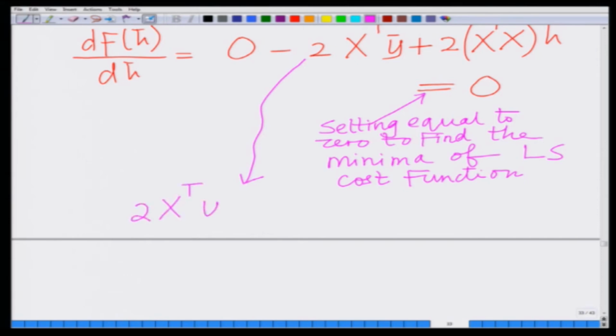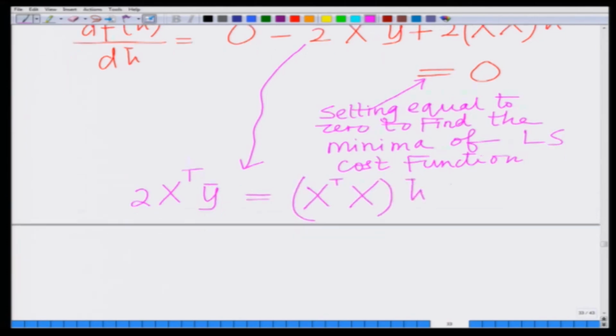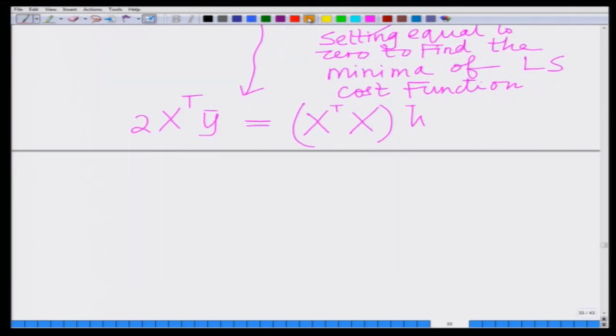and this implies basically 2 x transpose y bar is equal to x transpose x times h bar, and now you can see a beautiful relation, which implies the minima occurs where h bar is equal to taking this matrix x transpose x inverse times x transpose y bar. Okay.